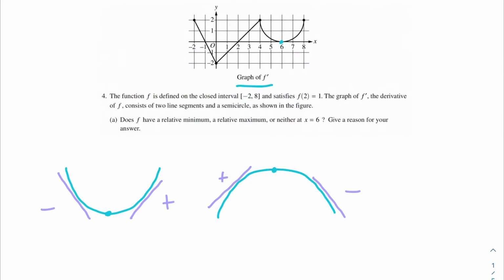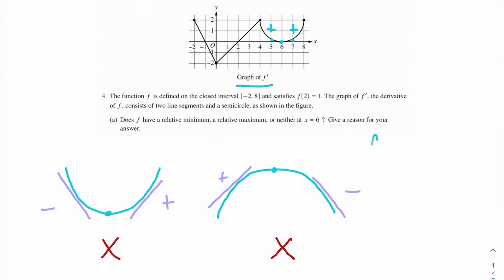As we're approaching x equals 6, at x equals 5, it looks like the value of f prime is above the x-axis. So f prime is positive as we're approaching that point. Once we look to the right of x equals 6, to x equals 7 for example, we see that f prime is still positive. So it's positive on both sides. It doesn't match either condition where the first derivative goes from negative to positive or positive to negative.